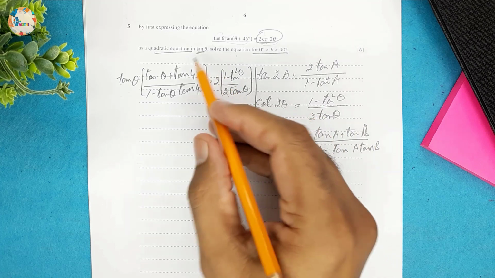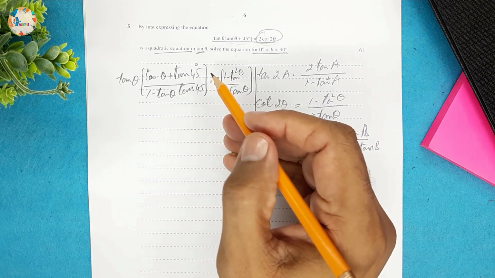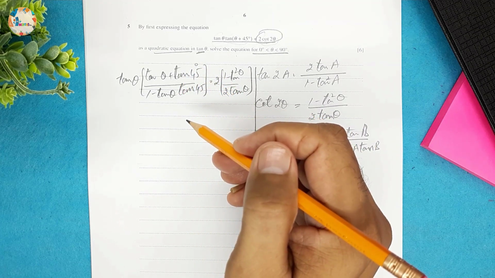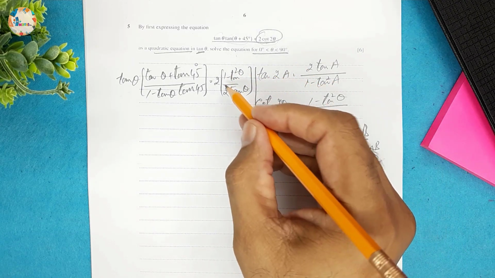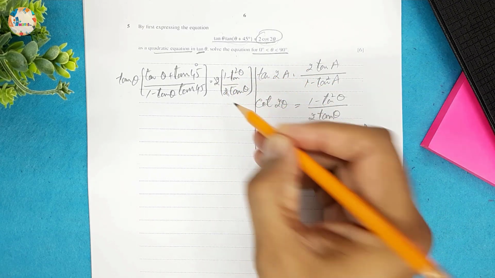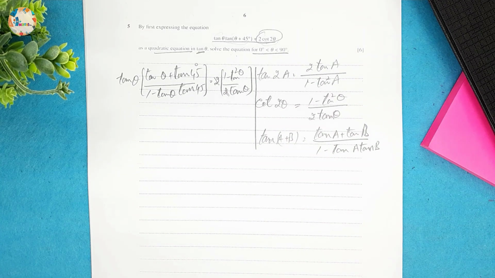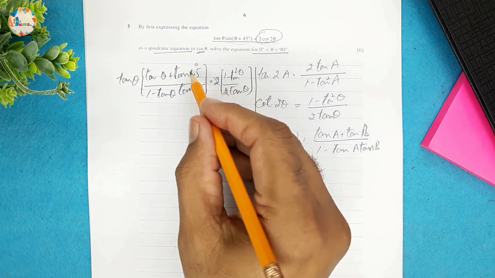Now what we can do, we can cancel this 2 with 2, and next thing, tan 45 is basically equal to 1.